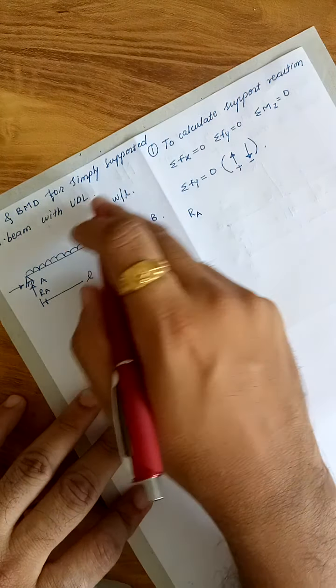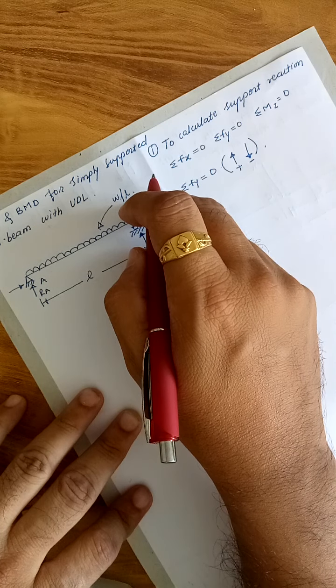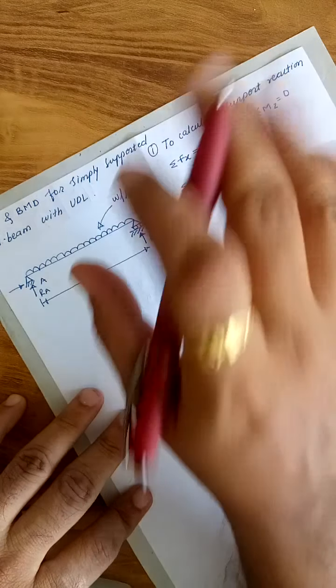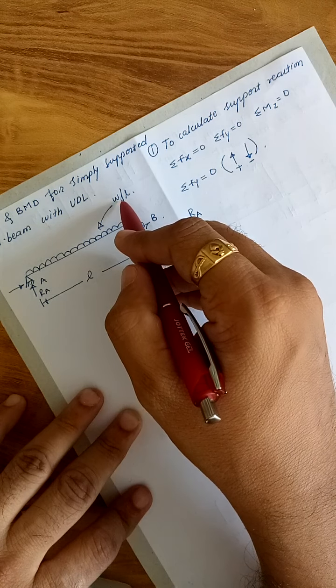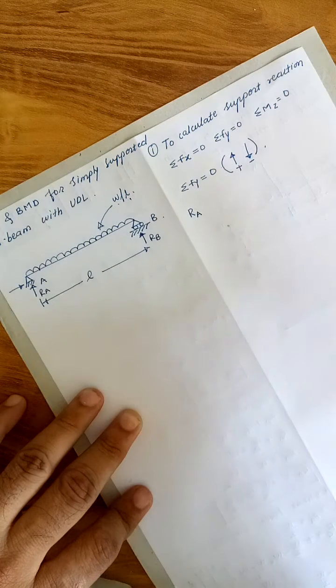Plus this is the load, that is nothing but the UDL, the uniformly distributed load, which is distributed uniformly. W is acting per unit length. So what does it mean?